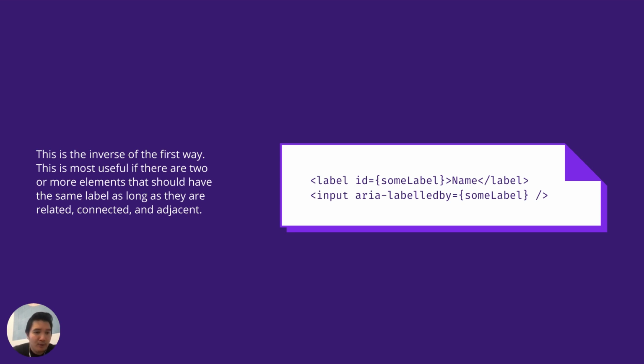This is most useful if there are two or more elements that should have the same label as long as they are related, connected, and adjacent. An example of this might be you have a bunch of radio buttons, and then you have an other option where the user can write something down. Here, you have two inputs, and they should have the same label.